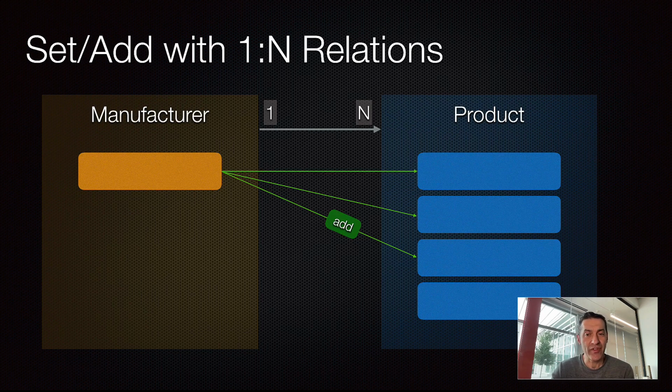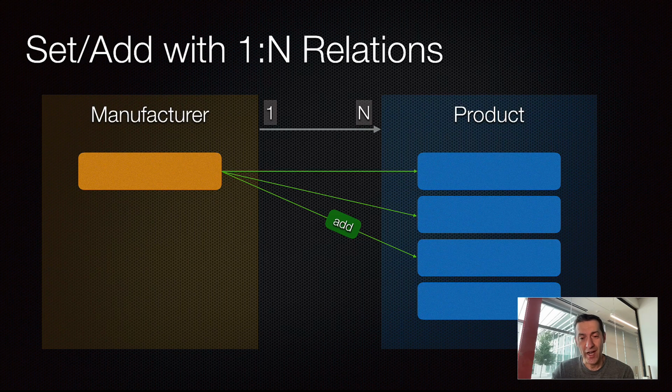Of course, the same product may be referenced by other manufacturers, although it doesn't really make sense. But in other schemas where you have one-to-many relation, the same child object may be referenced by multiple parents, and that is absolutely okay. In this case, it doesn't really make sense semantically. So add relation just adds to the collection.